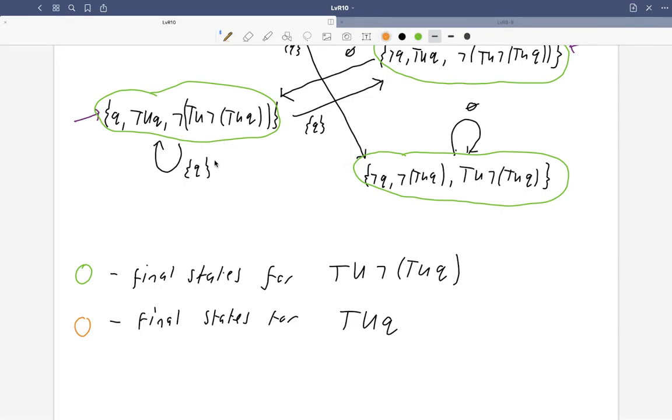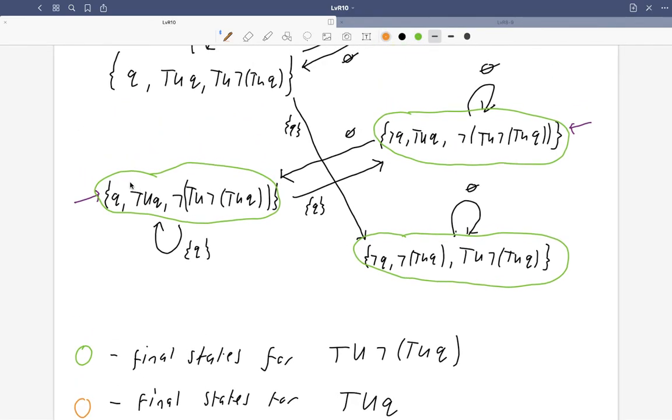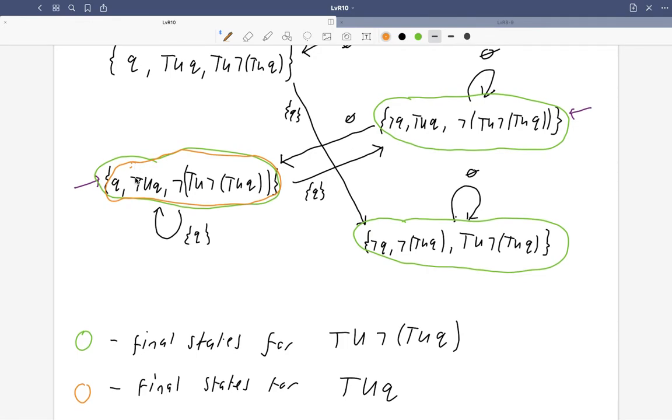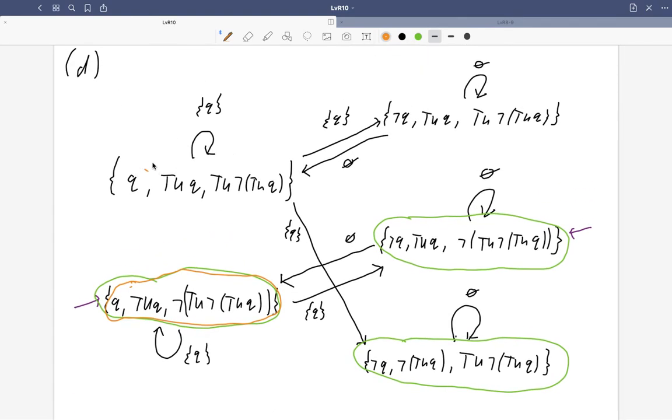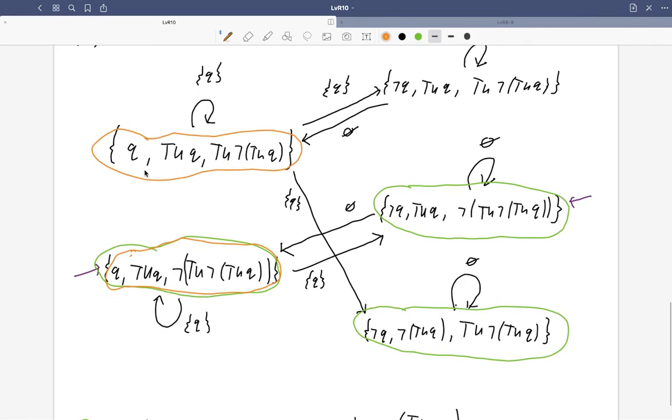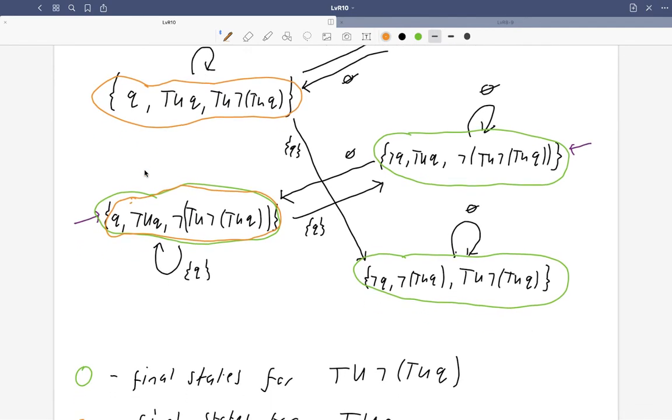All those states that contain Q, so this one is orange, because that contains Q. This one is orange because this one contains Q. And also every state that contains not true until Q is also orange. So this one is orange because this contains not true until Q.